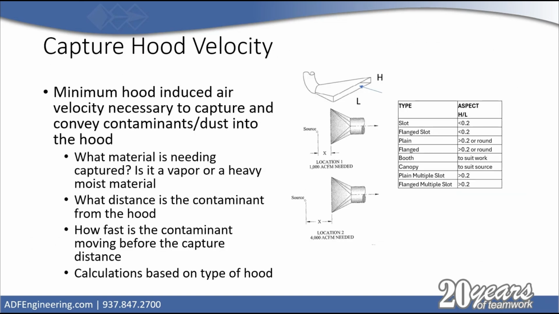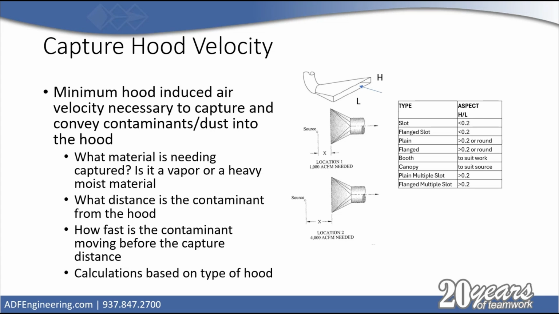So the next thing we're going to take a look at is when we want to pick up dust, we need to capture it. We want to capture it, but we don't want to take up too much airflow, more than we need. And the interesting thing here is you've got a bunch of different types of hoods, and the type varies on that distance.